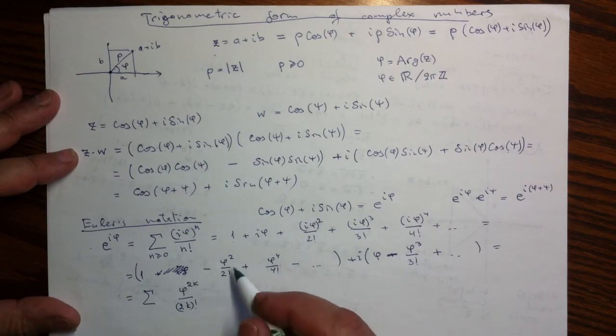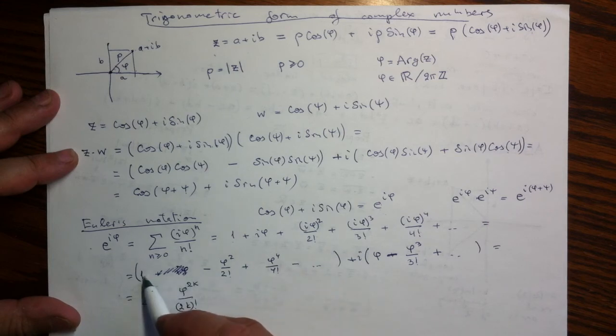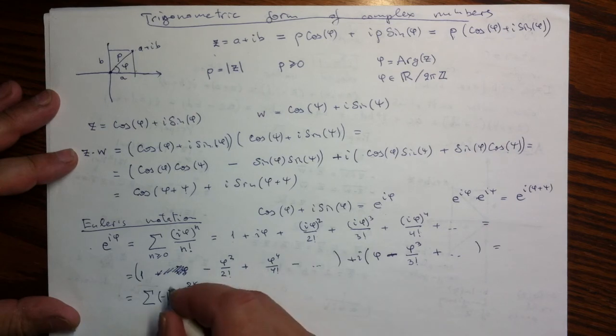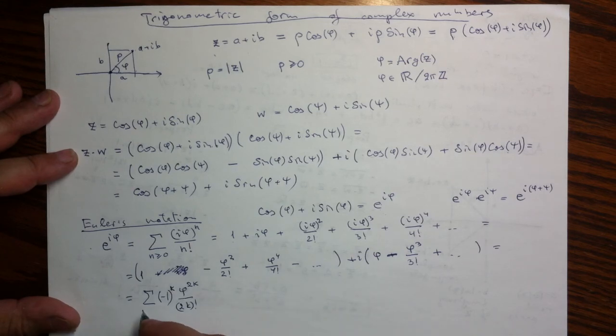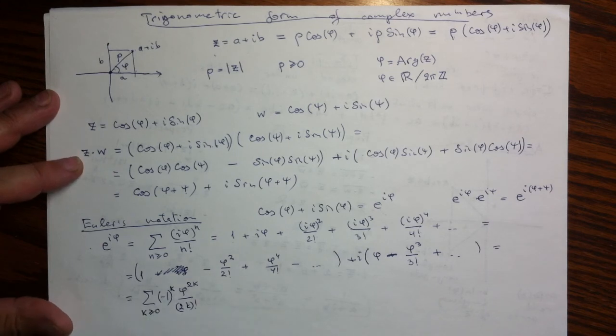For the 0 it is positive, for 2 it is negative, and so on. How can we encode it in a formula? This is 2k with k being 1, and we have negative. Just put (-1) to the k here, and you can see that this really accounts for the correct assembly of signs. So k is a running index from 0 to infinity.